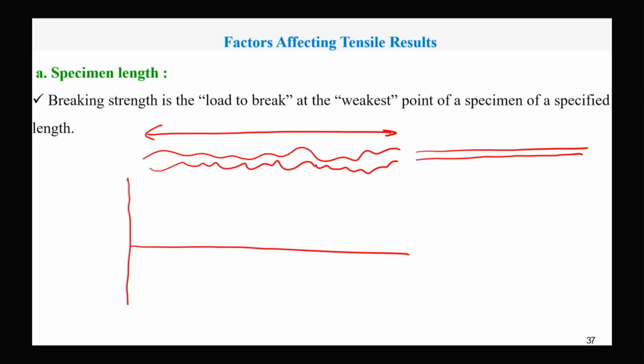Here we imagine strength points that we are trying to plot. So this is the mean strength of the yarn.